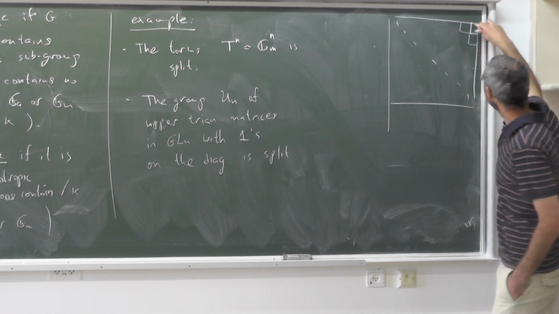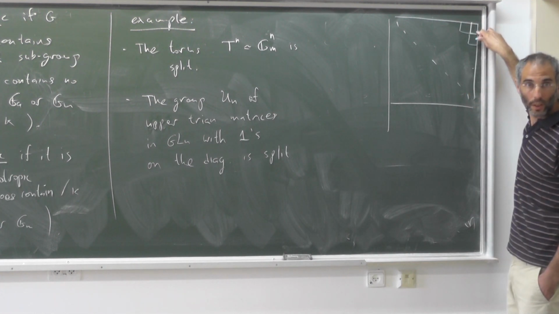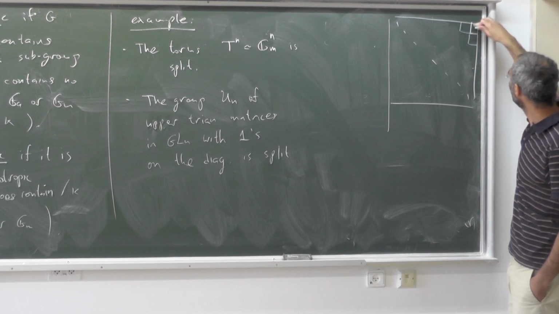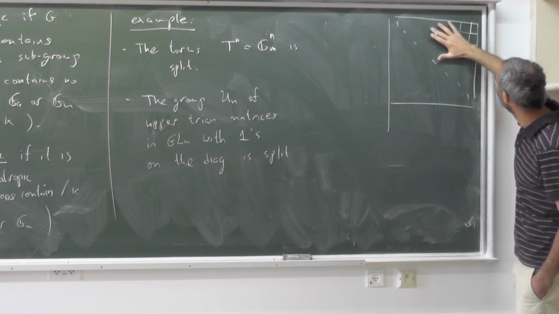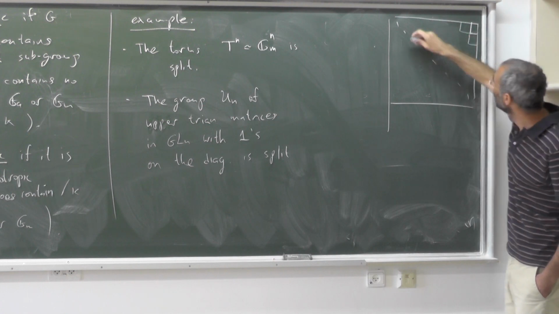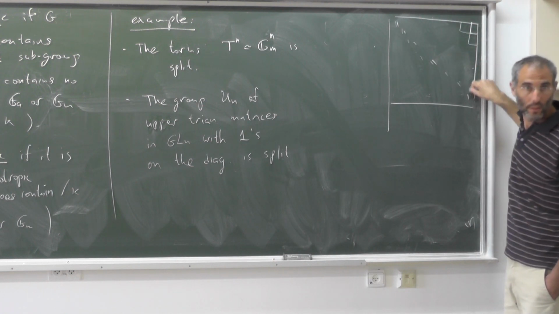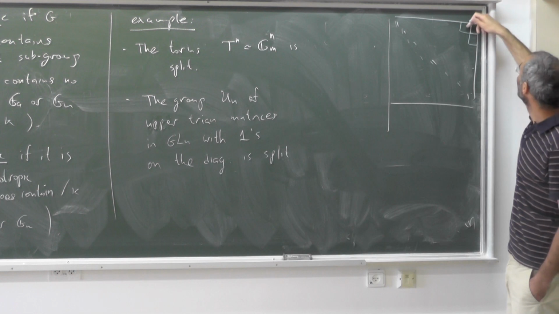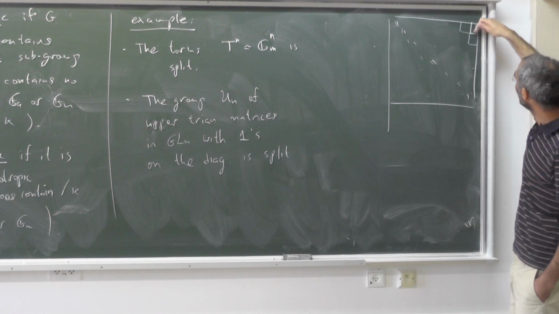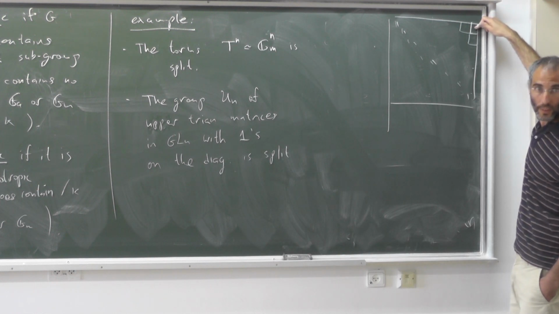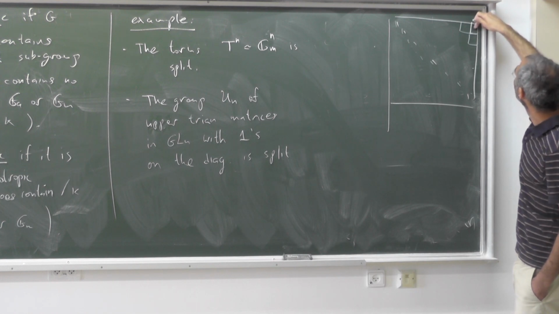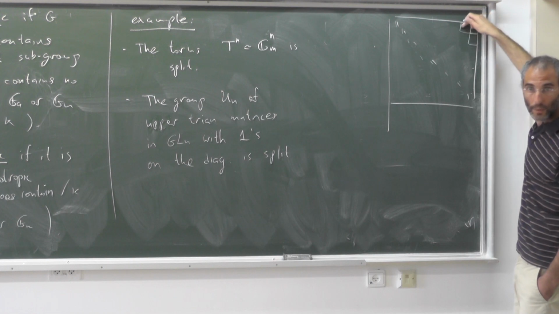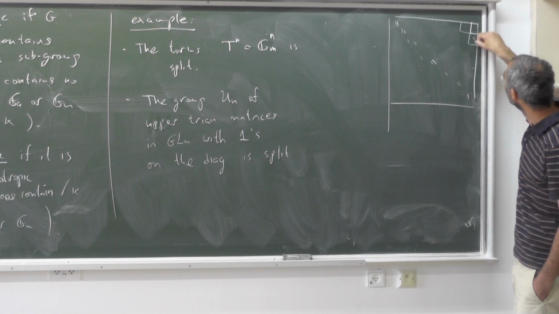Now, this corner is also a subgroup. I mean, when I say these corners, I fill in things here, leave zeros here, and of course keep the ones here. This is a subgroup, and it contains this one as a center, or as a normal subgroup. And if I divide by this, I'm getting G_a squared.